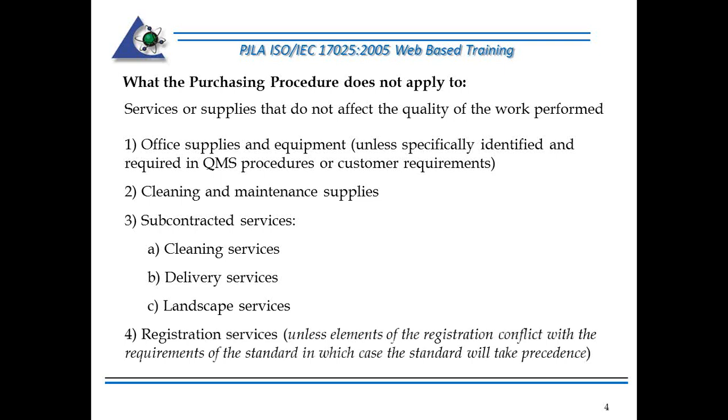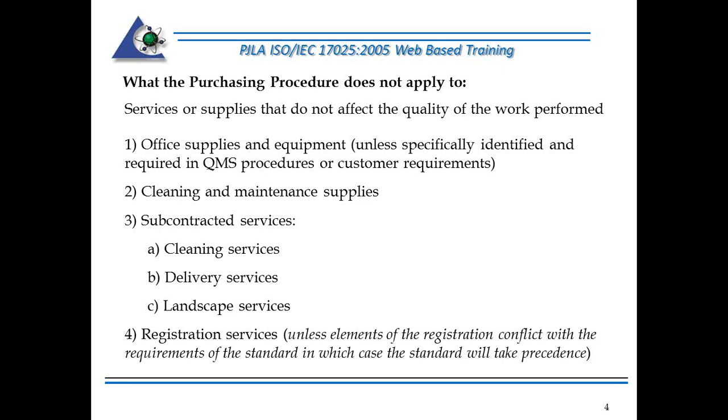We talked about elements that did have to be addressed by the purchasing procedure, and accreditation services was one. Now we're talking about things that don't have to be addressed, and registration services would not.